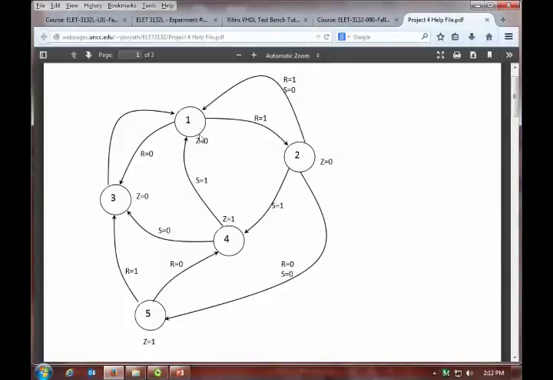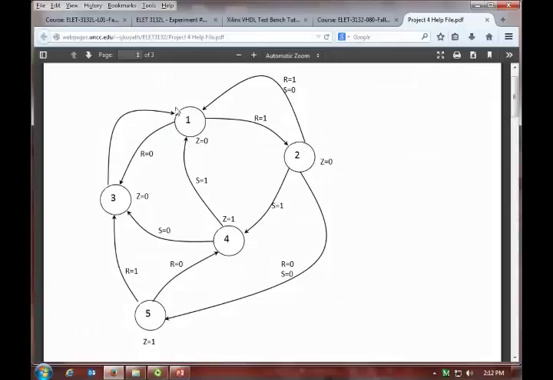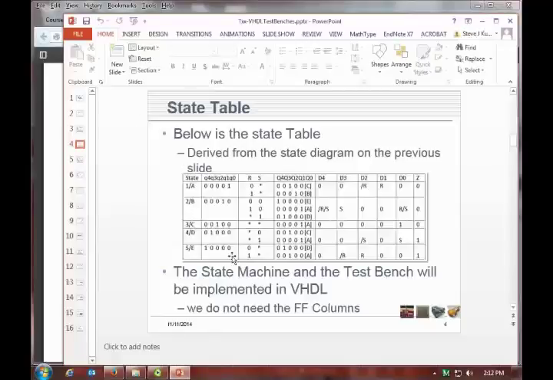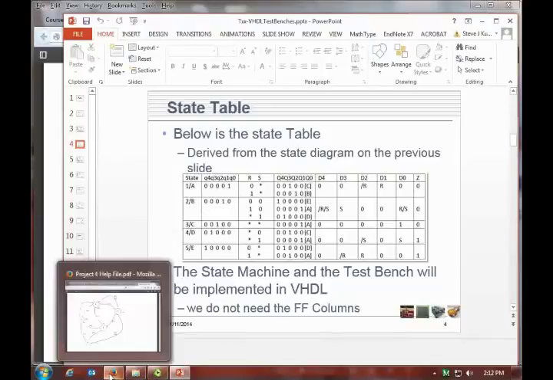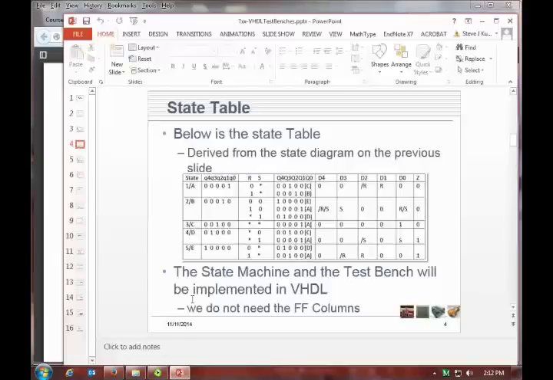Here's state 1 or state A. If R is 0 or if R is 1, those are the only 2 transitions leaving this state, and it'll either go to C or B, which are states 2 or 3. Looking back at this, if R is a 1, I go to state 2 or B. If R is a 0, I go to state 3 or C. And that's what I've got showing here.